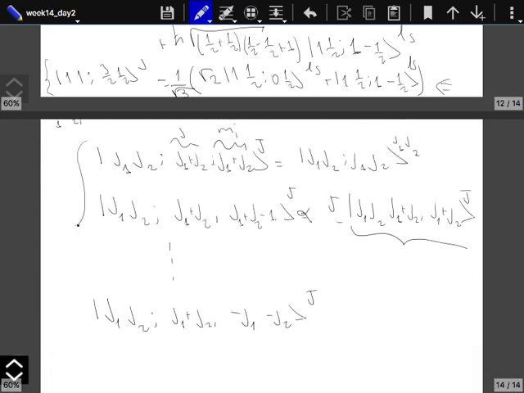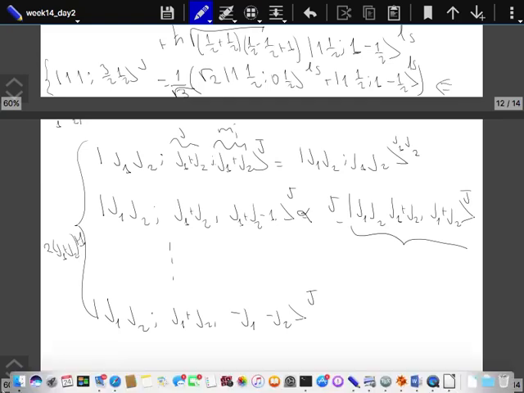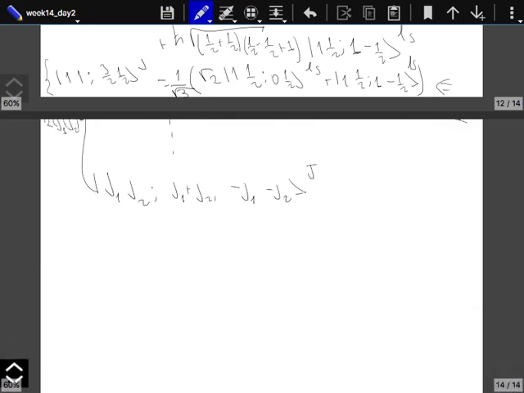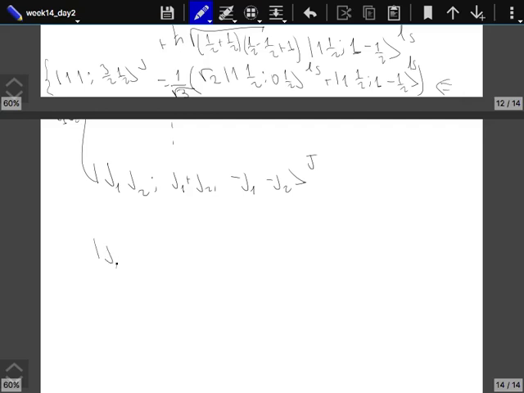So here there are basically twice J1 plus J2 plus 1 states. Then you can construct the other basis. So the total j need not be J1 plus J2, but it is J1, J2, J1 plus J2 minus 1.